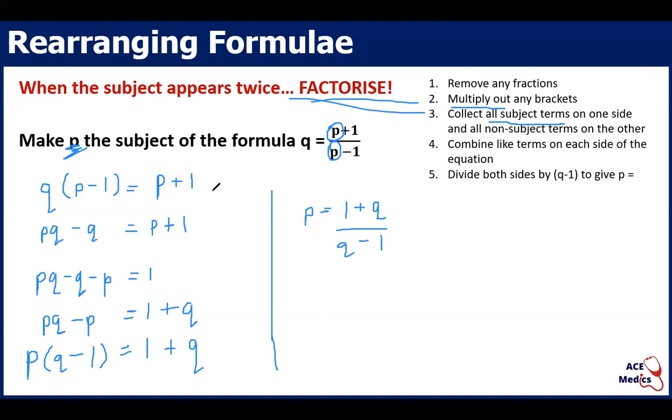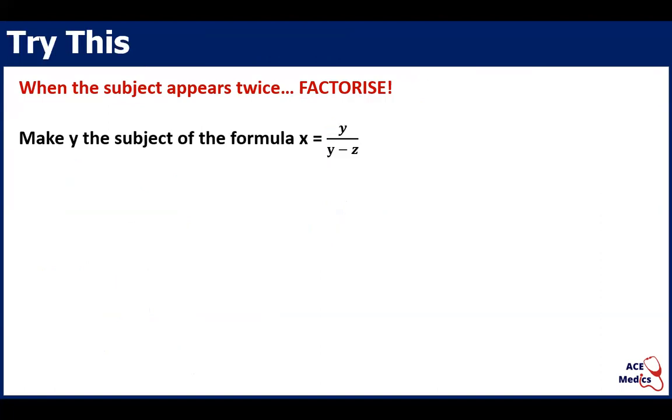Brilliant. Right. Can you guys then have a go at this one, please? So pop your answers in the chat when you've done it. So have a little play with how you can get it to be factorized.